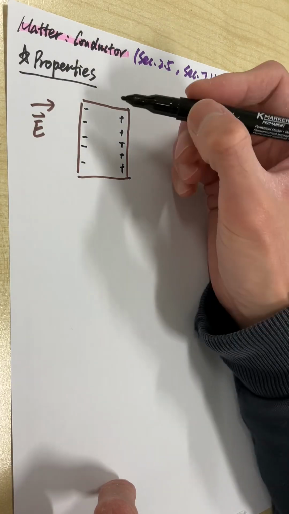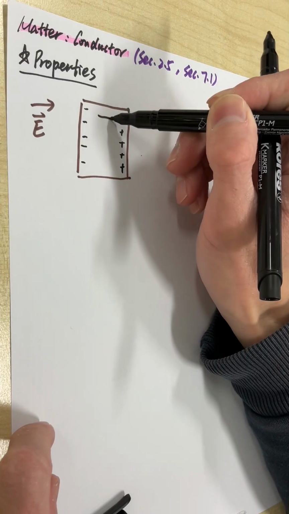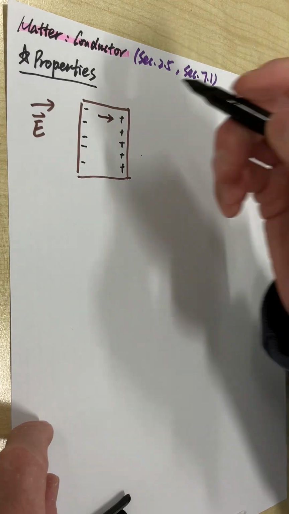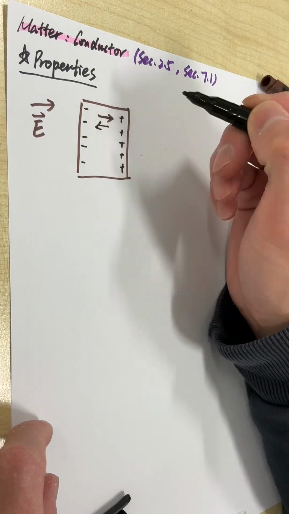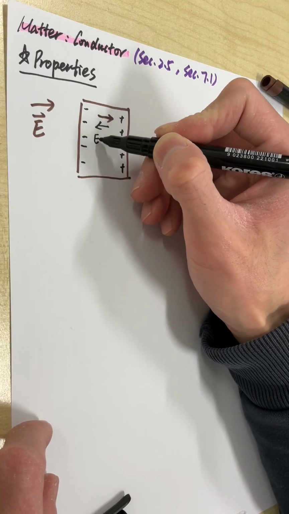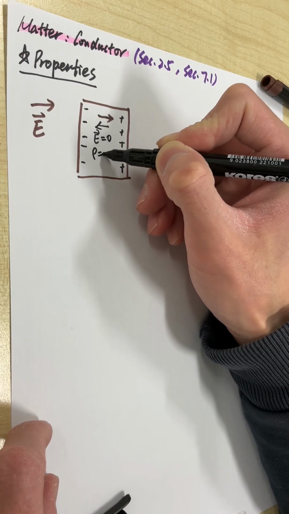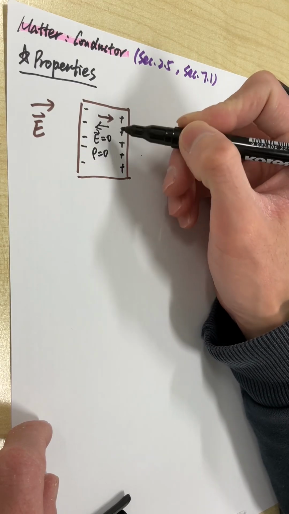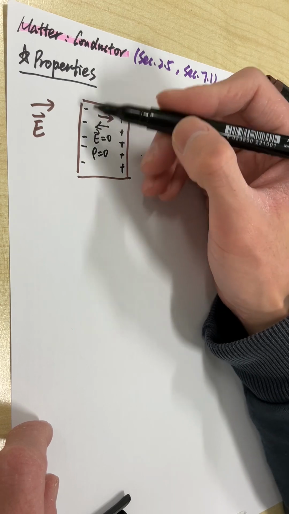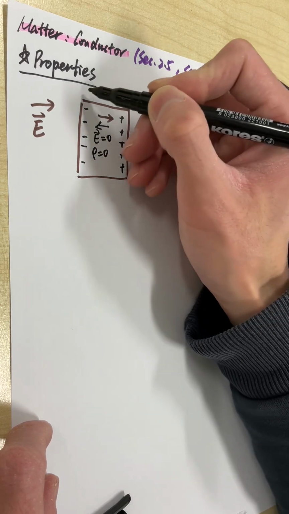So effectively, we have the external electrical field and the induced electrical field, and they cancel each other. So within the conductor, we have the electrical field equal to 0, and the volume charge density equal to 0. All the charges will reside at the surface. So we have the surface charge here.